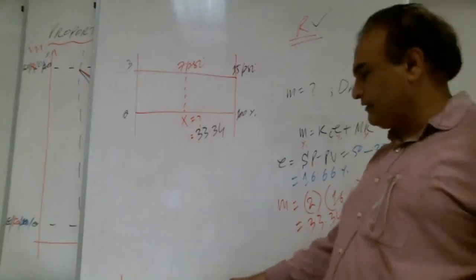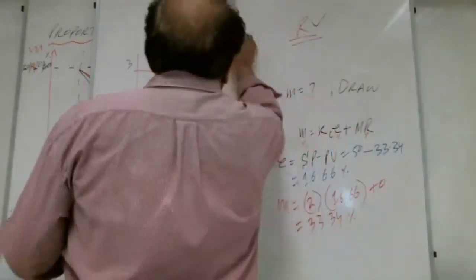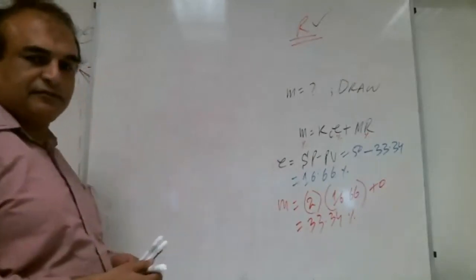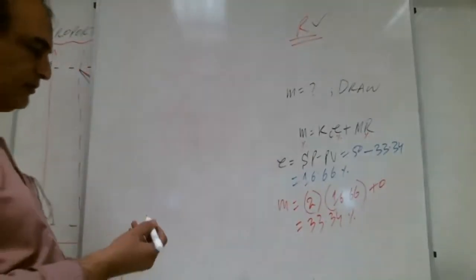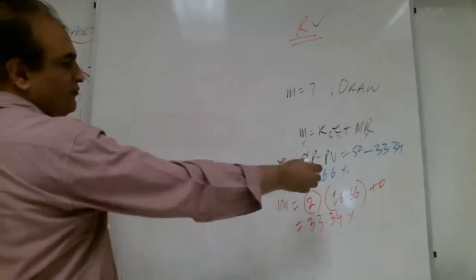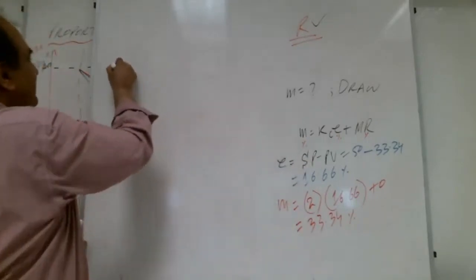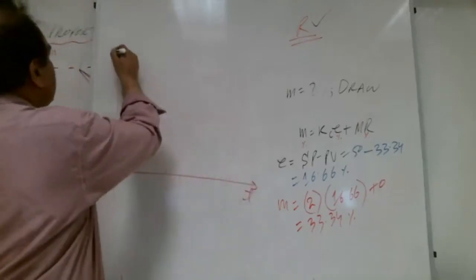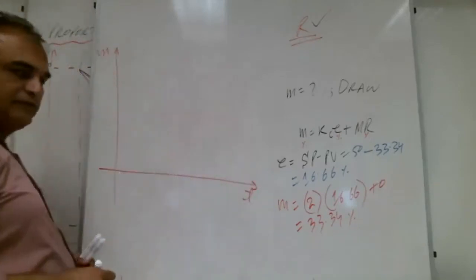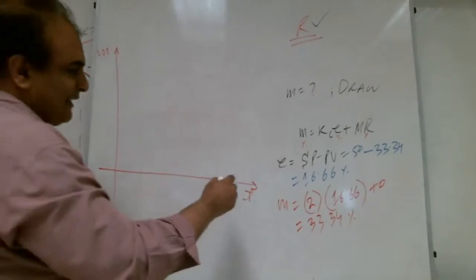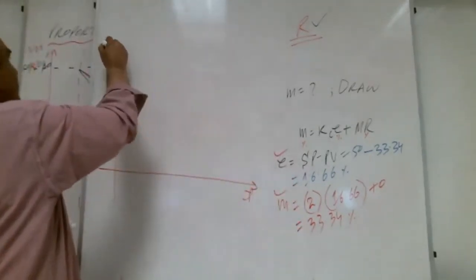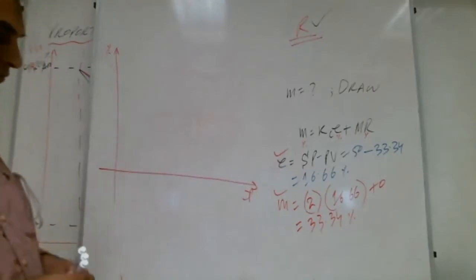Okay, Shabab, draw the output. Get the first. This output we need to draw. This is time, this is output, this is percentage. Also draw the error.